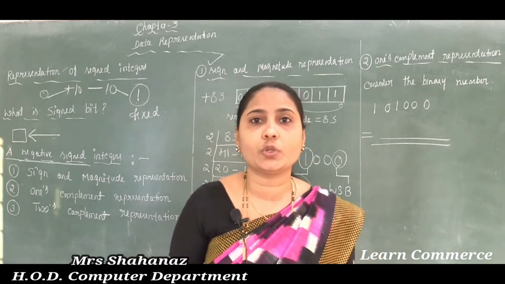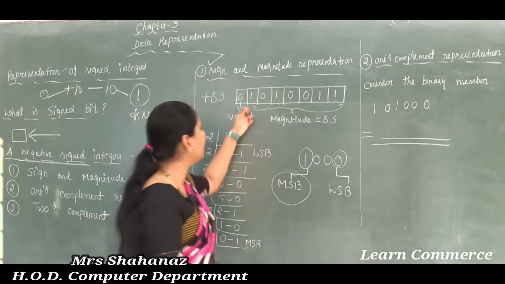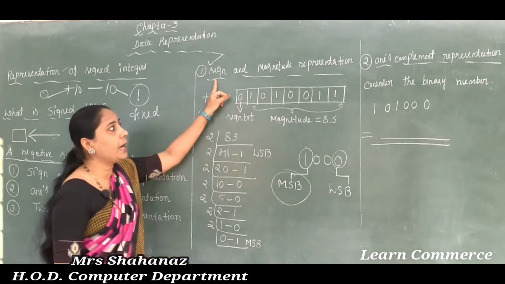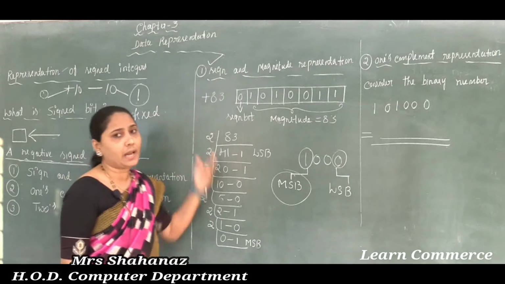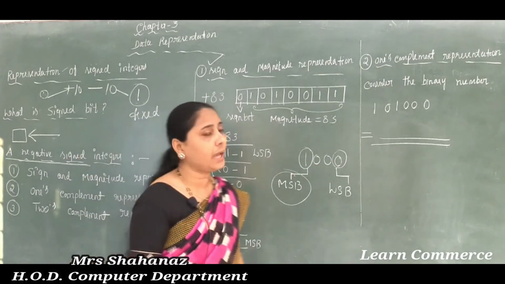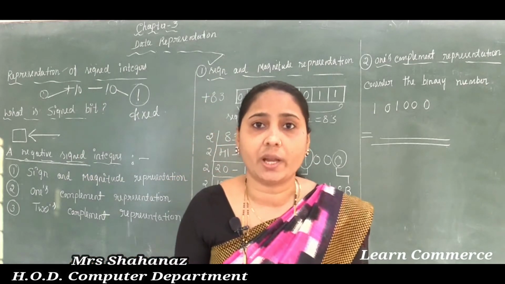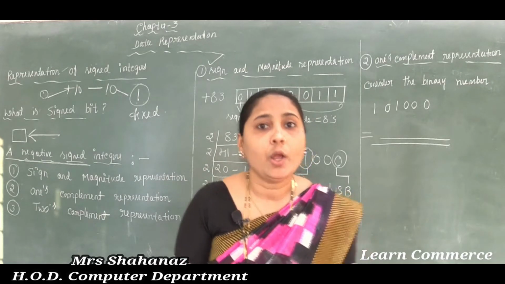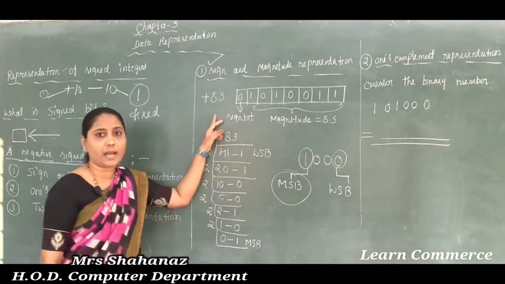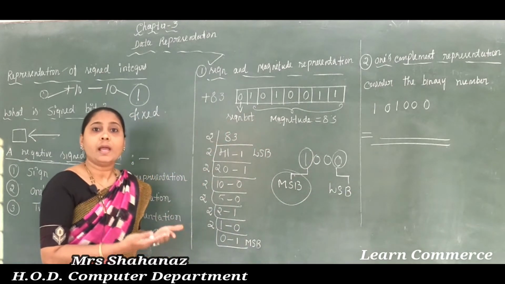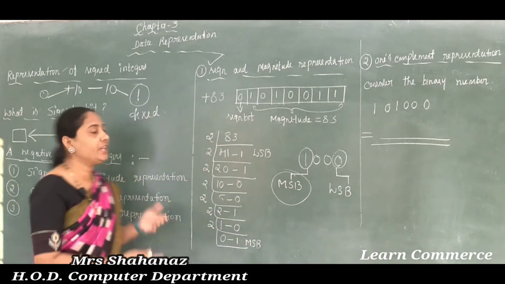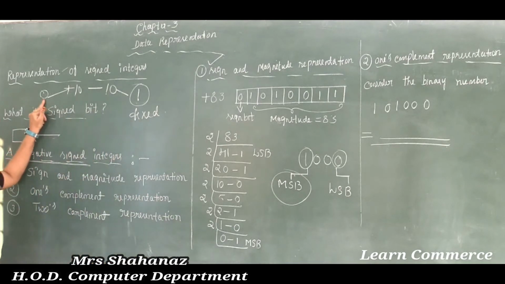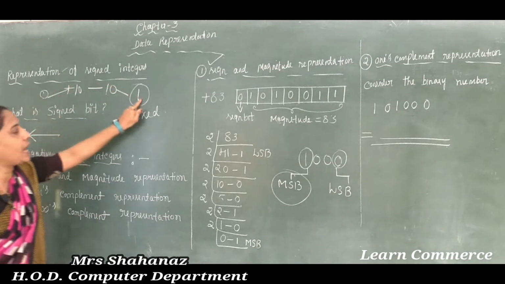Before drawing the diagram of the sign and magnitude representation, let's understand the meaning. Here an integer, that means any number, contains the sign bit. As we know, if it is a positive number, then the sign bit is 0, and if it is a negative number, then there is no doubt, you are going to use the sign bit as 1 here.